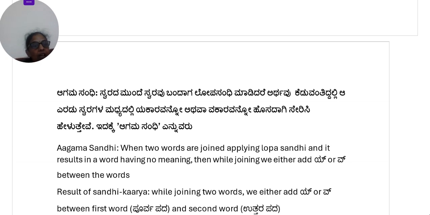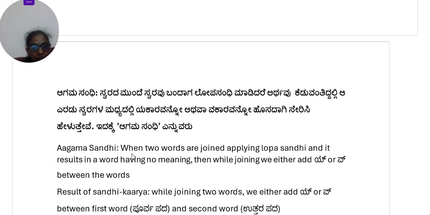So same thing. If there is a swarada munde swara bandaga, it means the first word should end with a swara and the second word should start with a swara. But what was the definition of Lopa Sandhi? The first word should not lose its meaning. But in case the first word is losing its meaning, then we cannot apply Lopa Sandhi. Then we have to put a ya or a va in between. And that is the definition of Agama Sandhi.